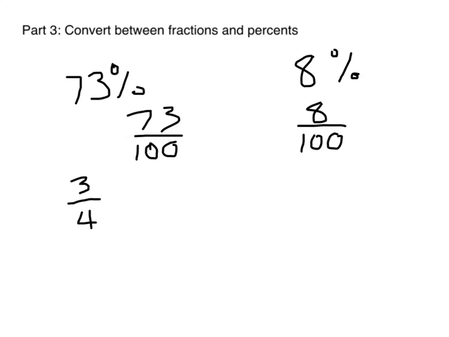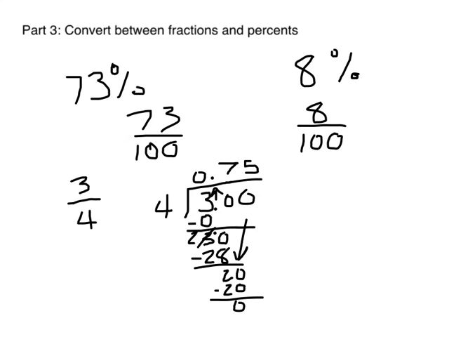Now, to convert fractions to percents, we can use what we've already learned about converting fractions into decimals and then converting decimals into percents. So let's do 3/4. Start by converting 3/4 into a decimal. How do you write 3/4 as a decimal? 3/4 written as a decimal is 75 hundredths. Now I can convert that decimal to a percent.